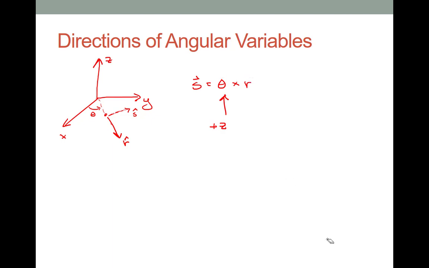Now I'm going to make a little change here because this isn't just based on the unit vectors, it is actually true for vectors in general. I can write a similar expression for the angular velocity and the angular acceleration.